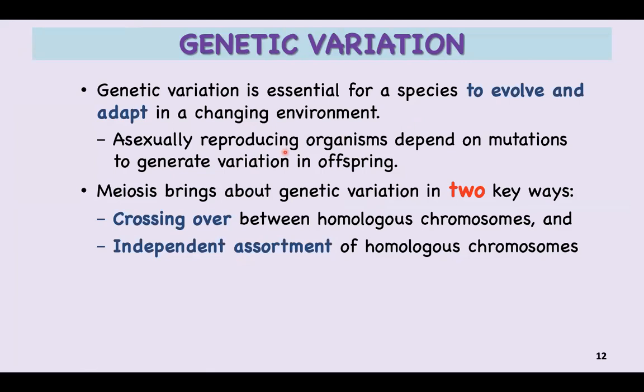So I said bila meiosis ni, the two important events that happen in meiosis are the crossing over, okay, this is in prophase between homologous chromosomes, and independent assortment. Yang ni berlaku dalam metaphase. Okay, prophase and metaphase. So they happen in meiosis 1. So prophase 1 and metaphase 1. Okay, crossing over is between homologous chromosomes and independent assortment is also between the homologous chromosomes.